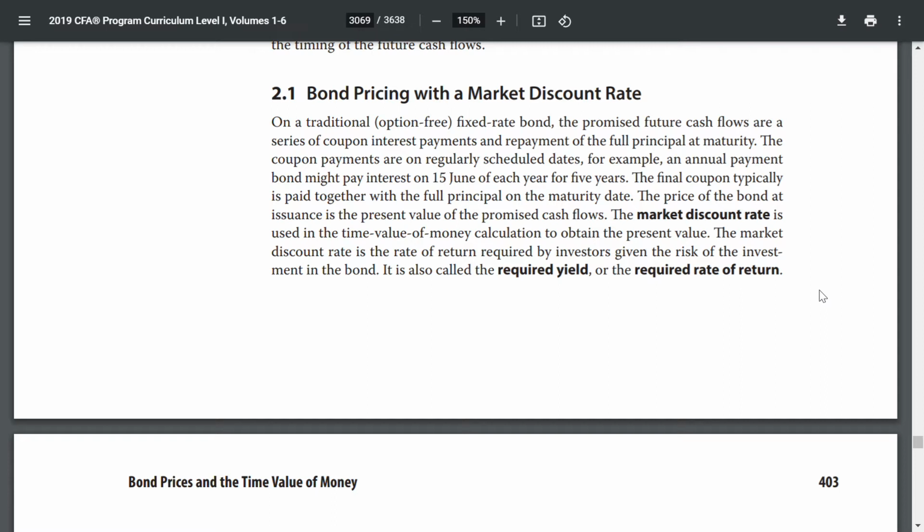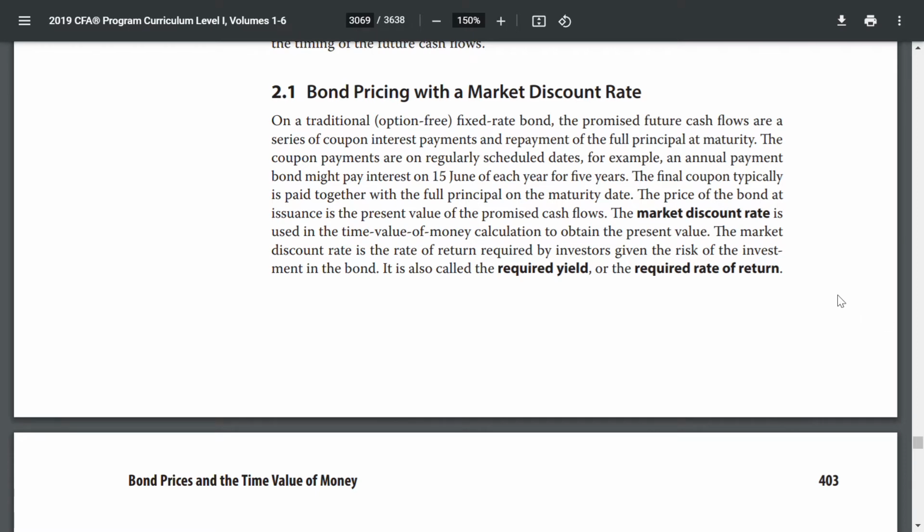The 5th coupon is typically paid together with the full principal on the maturity date. The price of the bond at issuance is the present value of the promised cash flows. The market discount rate is used in the time value of money calculations to obtain the present value. The market discount rate is the rate of return required by investors given the risk of the investment in the bond. This is called the required yield or the required rate of return.